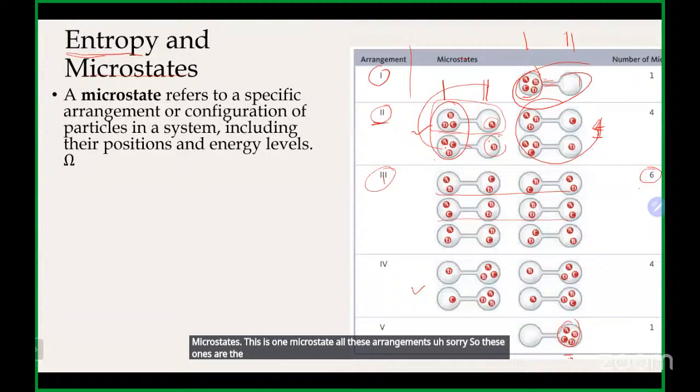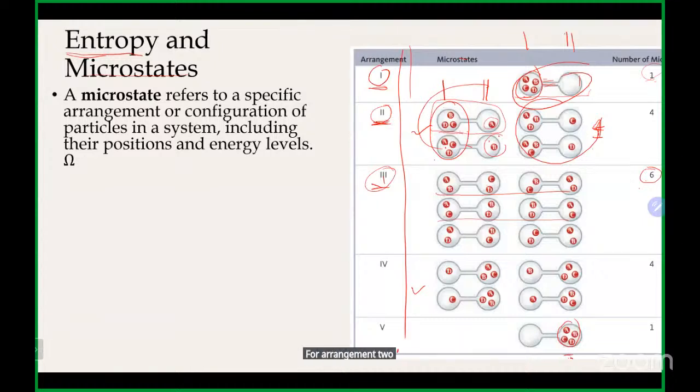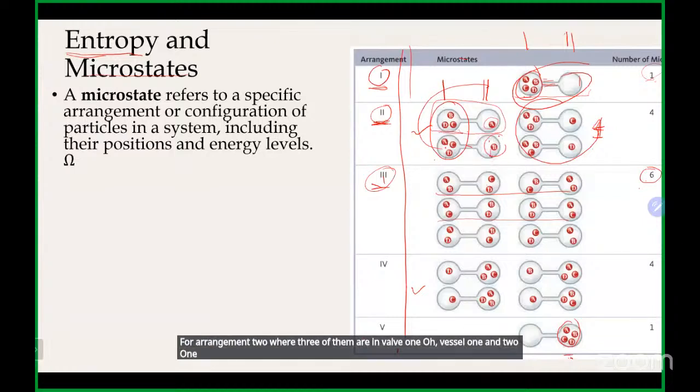If you look at arrangement 1, the number of possible microstates is 1. For arrangement 2, where 3 of them are in vessel 1 and 1 is in vessel 2, there are only 4 possible ways in which you can arrange it.